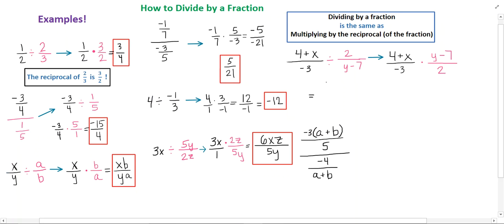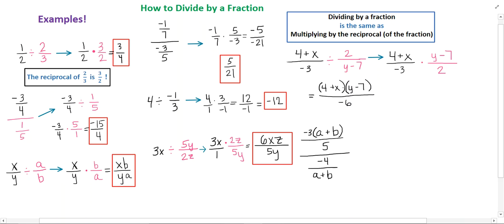So we just multiply straight across, and I'm going to write on the second line here. So we have 4 plus x times y minus 7 on the top, and then on the bottom, negative 3 times 2 is negative 6. And this could be the answer for this problem.